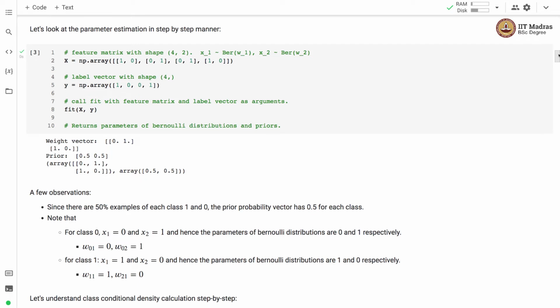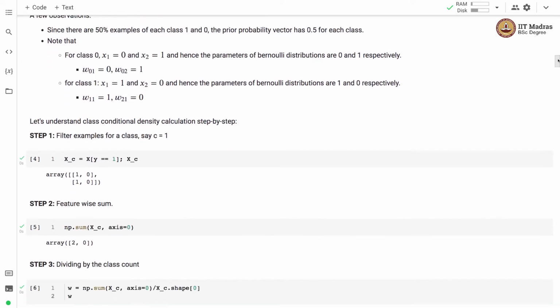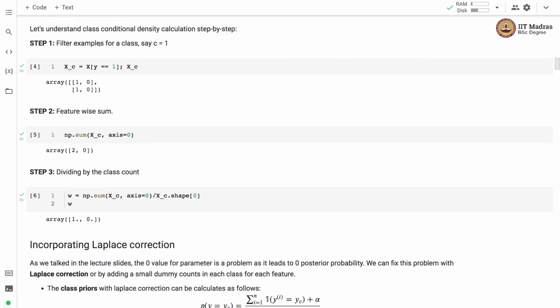So let us perform this calculation step by step. First we filter examples from a class, say class 1. So we have 2 examples, and those examples have 1 for feature x1 and 0 for feature x2. Now we perform the feature-wise sum. So the sum of xc along axis 0 is 2 and 0. This is the column sum. We get values of 2 and 0, and we divide this sum by the class count.